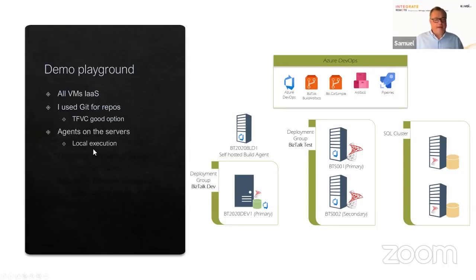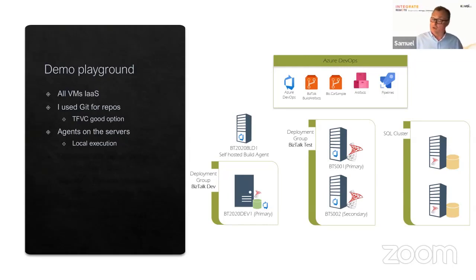For that, I have chosen to install agents on all the servers where I have the Azure DevOps mark here. I prefer to have the local execution. That makes the testing and creating the scripts a lot simpler.